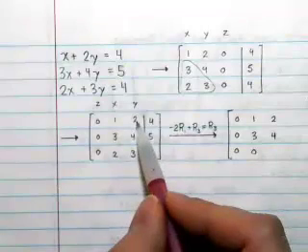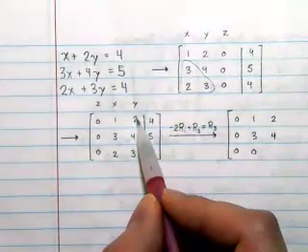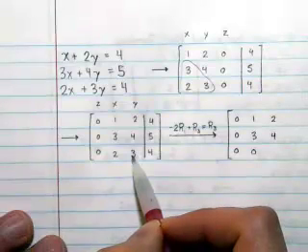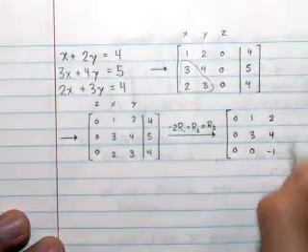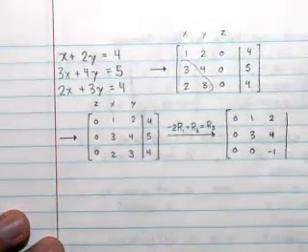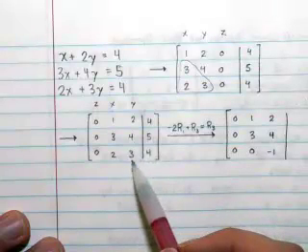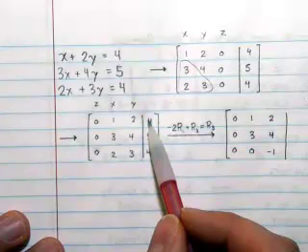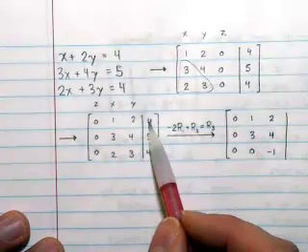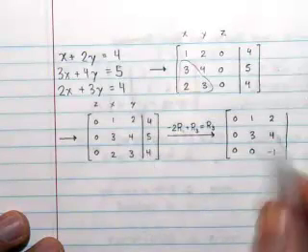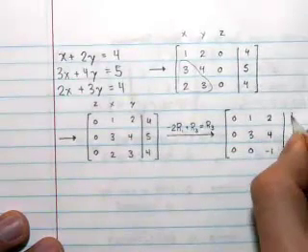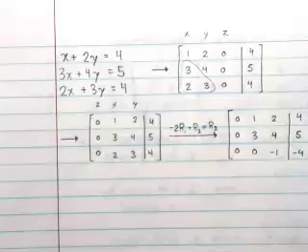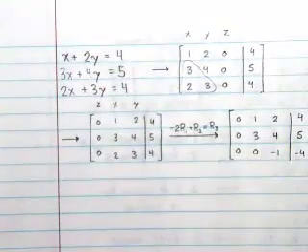And then negative 2 times 2 plus 3 gives you negative 1. And then over here, negative 2 times 4 is negative 8 plus 4, negative 4. So this should be 4, negative 4. Okay, seems to be on the level still.